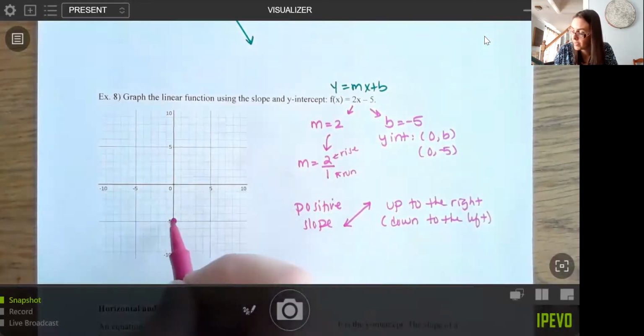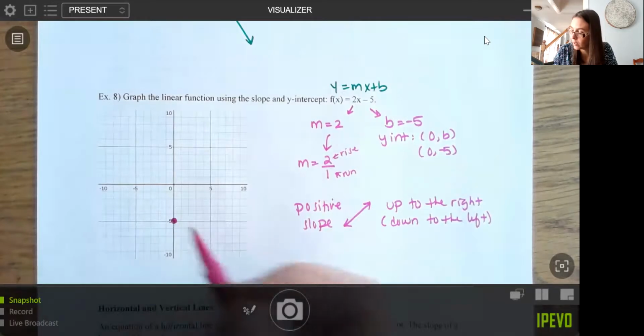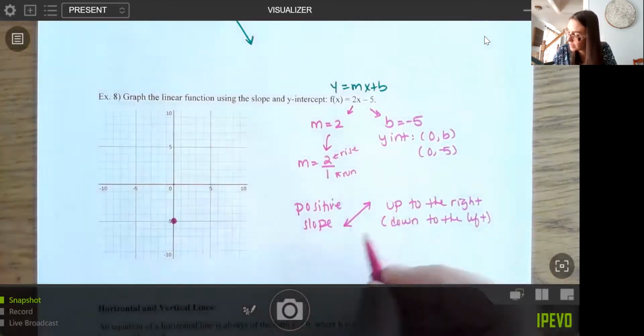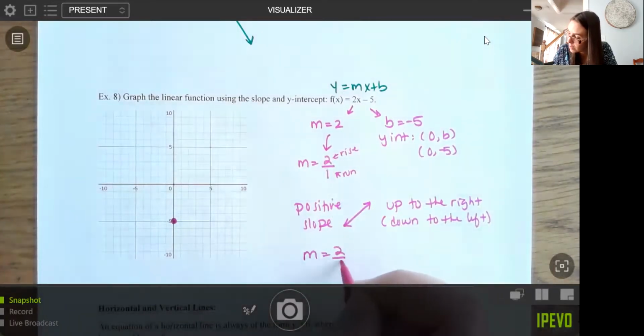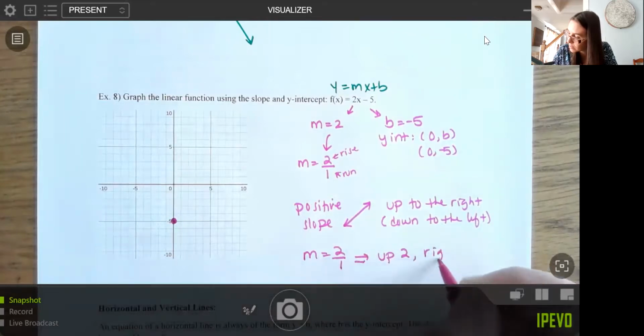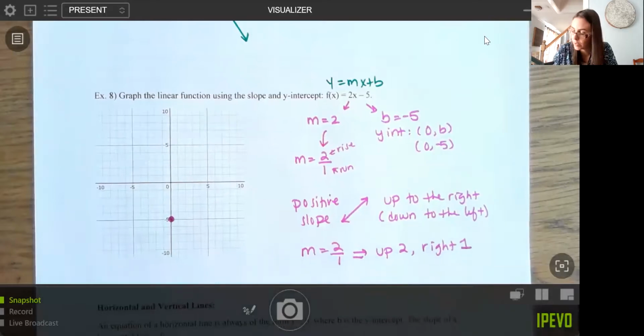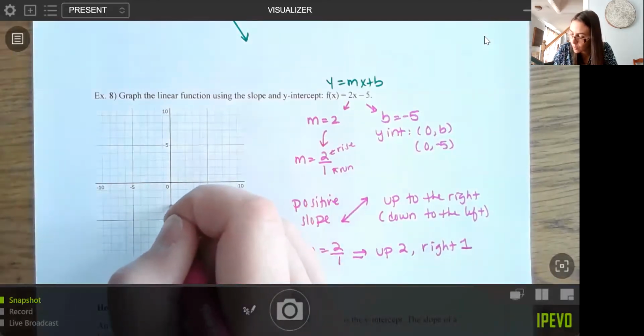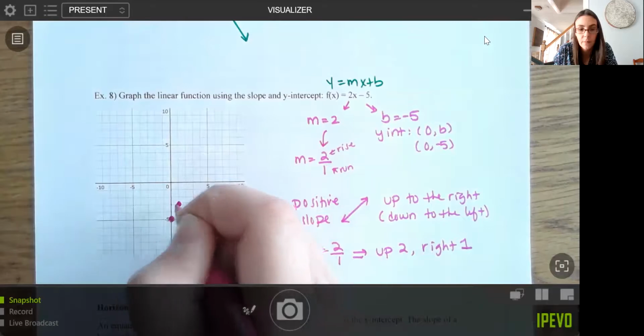Now we start with this point here, and then we're going to count. So in this case, because m is 2 over 1, I'm going to go up 2 and right 1 space. So I start here, I go up 2 and right 1.